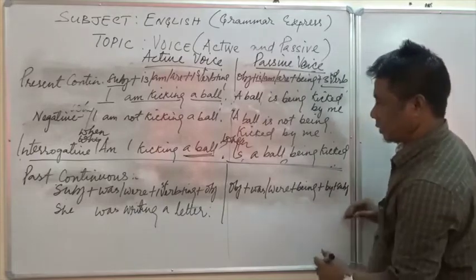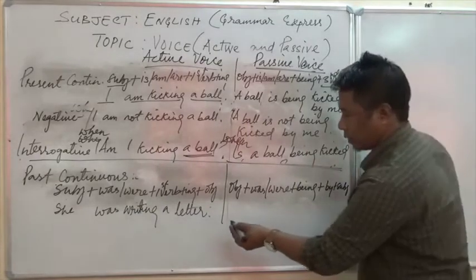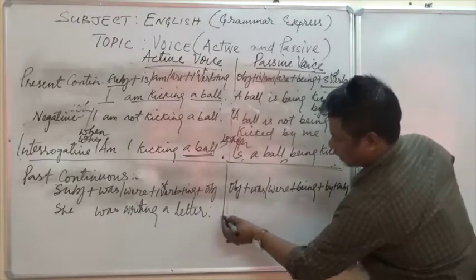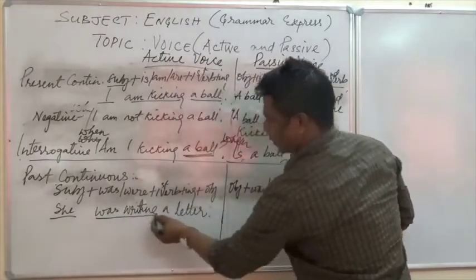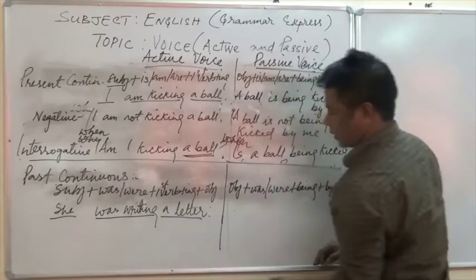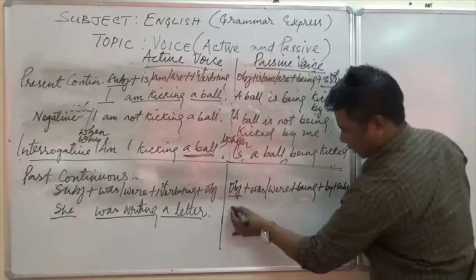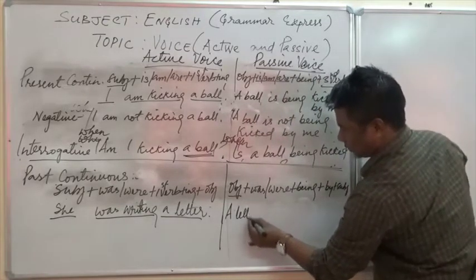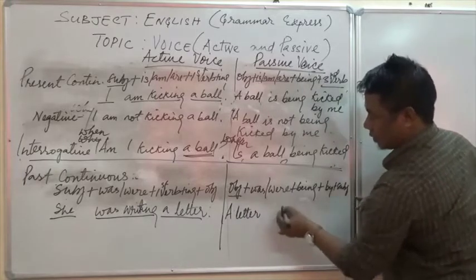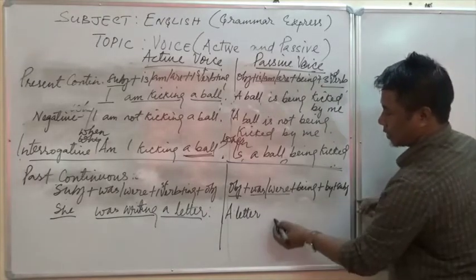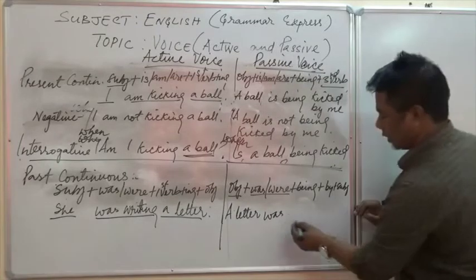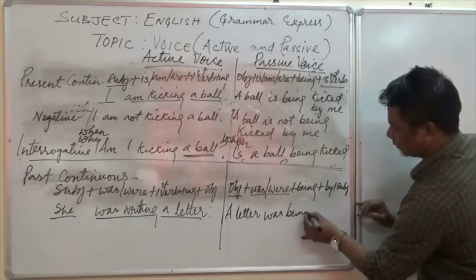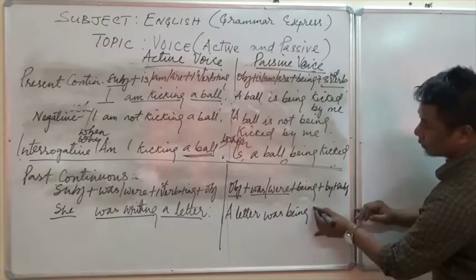So how do we change this? What is the subject? She. The verb is was writing, and the object is a letter. The object, a letter, is singular, so we use was being written.